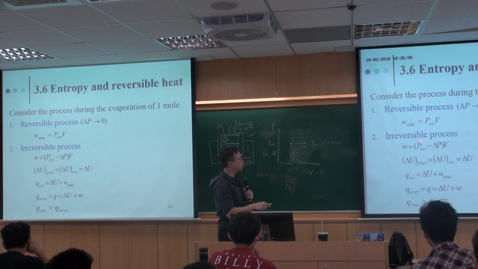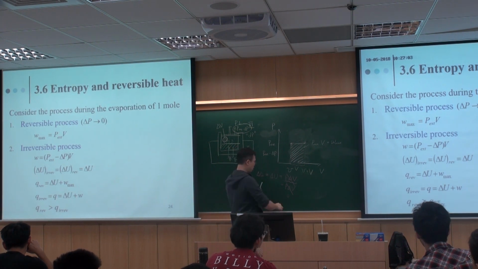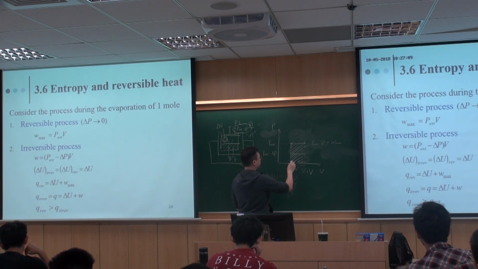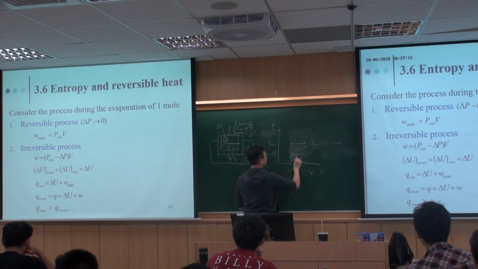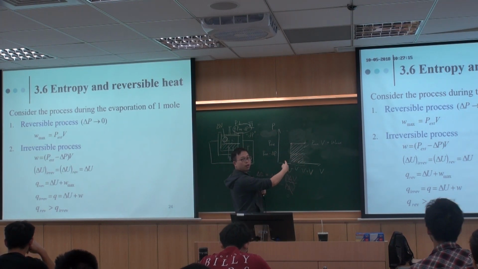However, for an irreversible process, we know that the pressure will drop suddenly, and then you have the expansion. Therefore, the work done by the system is only this area.